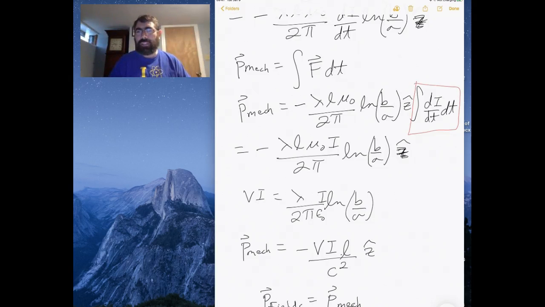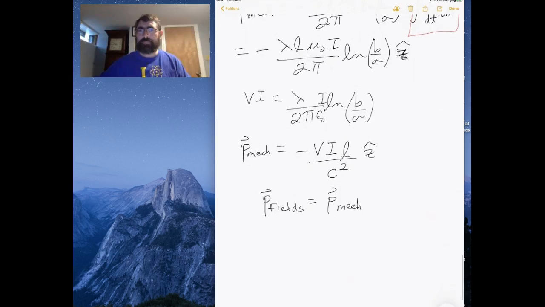It's an indefinite integral. I didn't actually specify which way that I'm changing the current. And so really the way to take care of the minus sign is the fact that I can choose how I'm going to be changing my current.